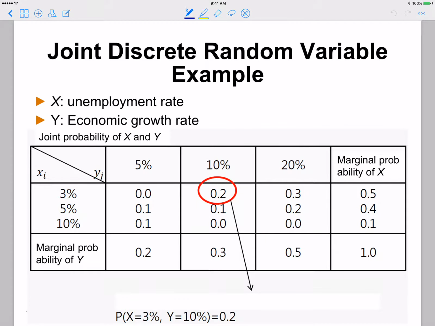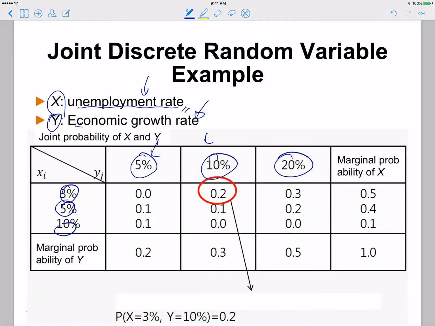Okay, so let's look at the example. So x is the unemployment rate of Korea, and y is the economic growth rate. Although there are many different values of the unemployment rate, let's just suppose these two are discrete random variables. So the unemployment rate can only be one value among these three, and this is an x and this is a y.